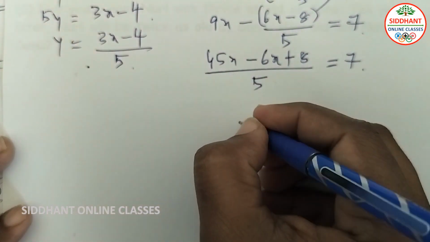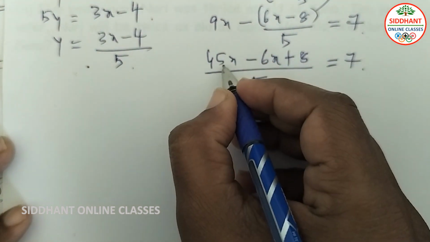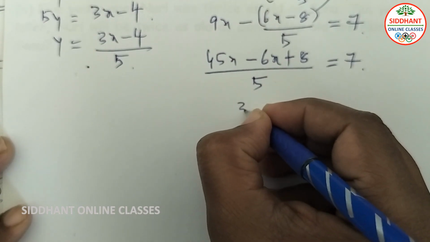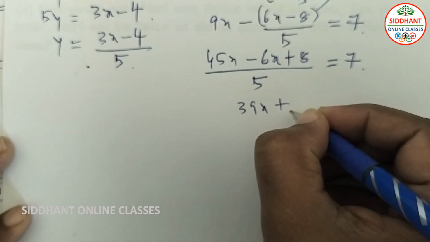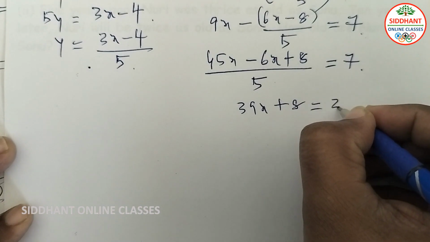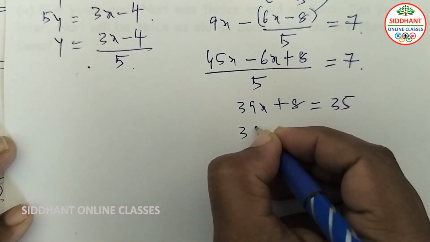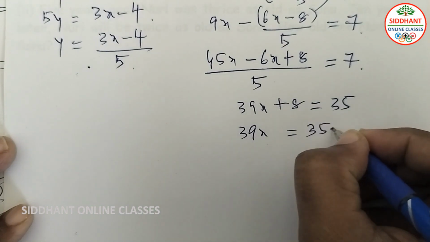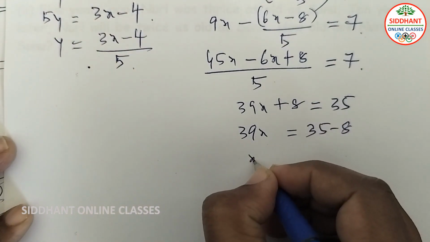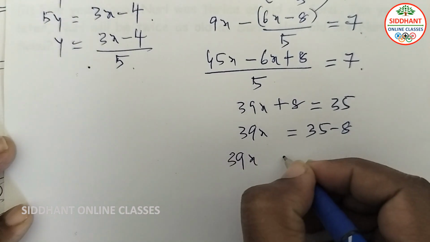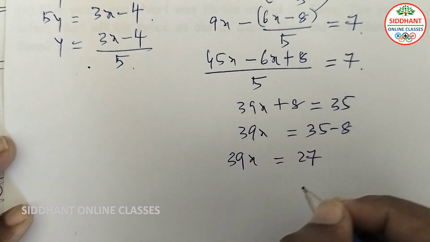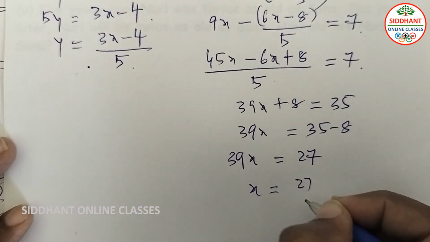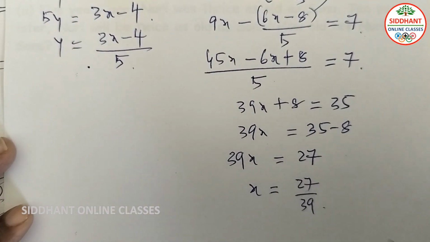So now 5 goes there, 35 here, 45x minus 6x, which is 39x plus 8, that equals 35. So 39x equals 35 minus 8. So here 39x equals 27. Then x equals 27 by 39 here.